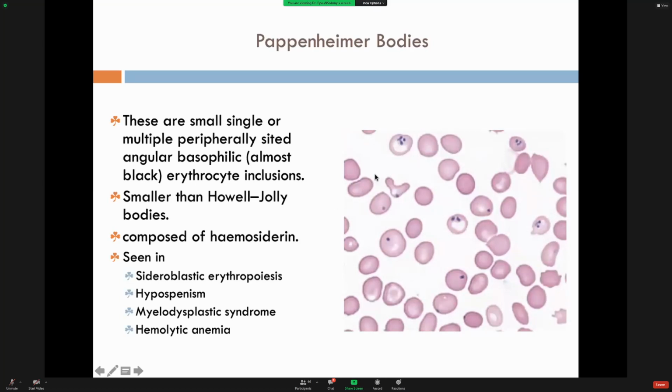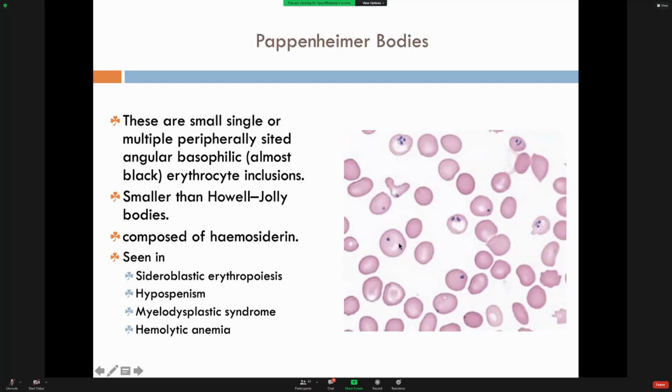Oppenheimer's body هو iron content. These are small single or multiple peripherally. Usually it's Oppenheimer's تكون peripherally. Dots basophilic. Once we say that it's basophilic means it's a blue colors or dark blue. It's erythrocyte inclusion. Smaller than the Howell-Jolly bodies.